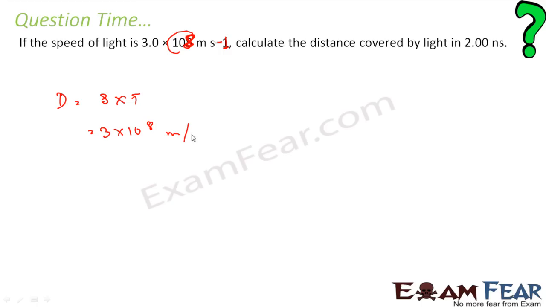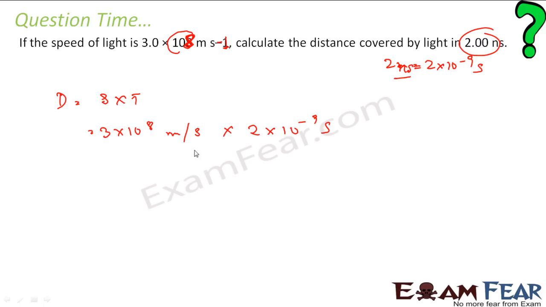So my time also has to be in seconds. Correct? So my time is 2 nanoseconds. 2 nanoseconds is nothing but 2 into 10 to the power minus 9 seconds. So we'll write this as 2 into 10 to the power minus 9 seconds.